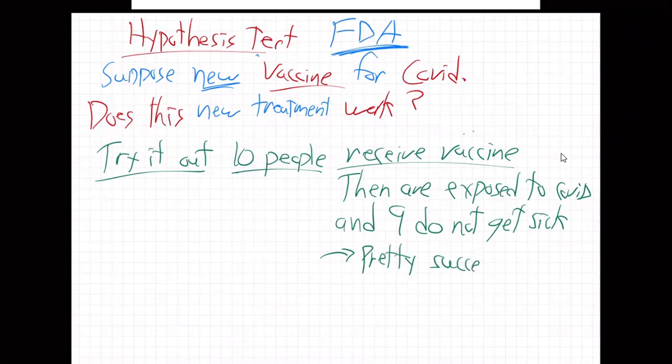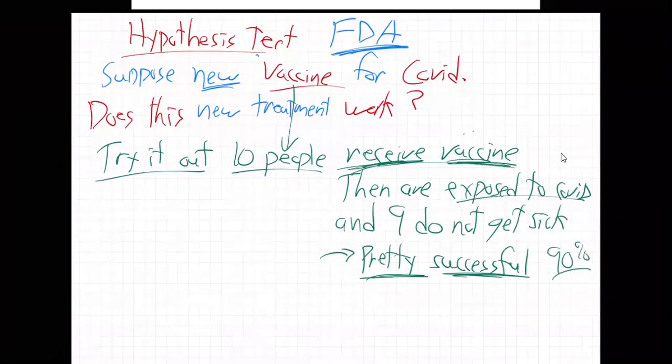They give the new vaccine to 10 people, give them the shots, then purposely expose them to the COVID, and 9 of them do not get sick. 1 does. So 9 out of 10, that's 90%. That's pretty successful. So would they conclude, okay, good, it's working?